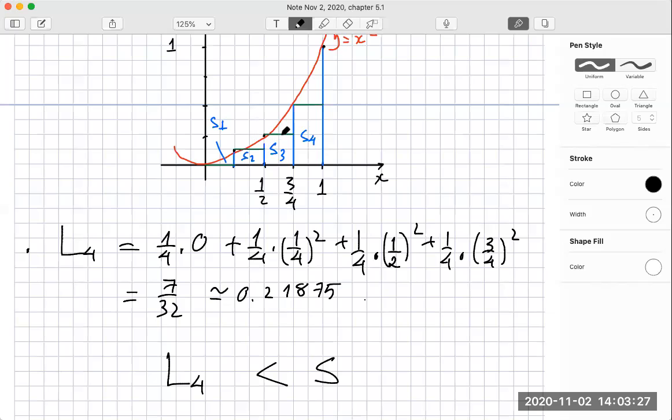We reduce the width of each rectangle here. It will reduce the gap here. So that is the idea of the approximation.